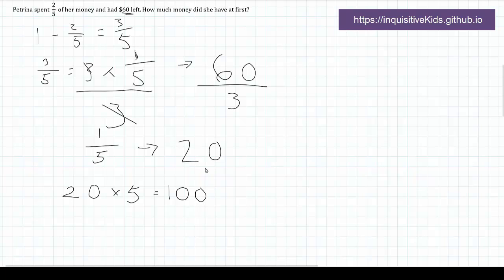We can also check by asking ourselves, what is 3/5 of 100? 100 times 3/5 is equal to 60. So that proves that our answer is correct. She had $100 at first.